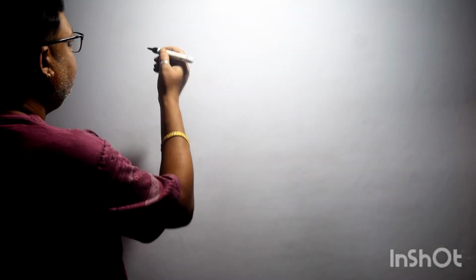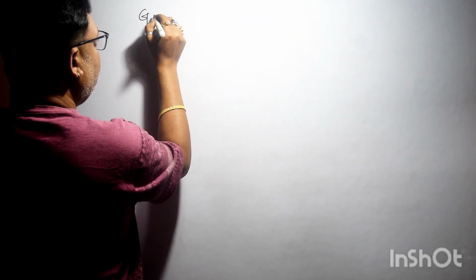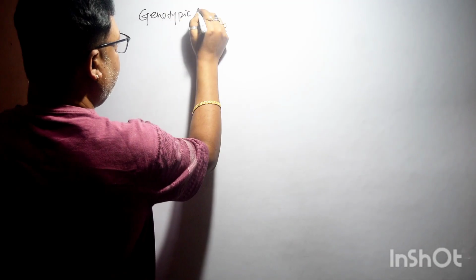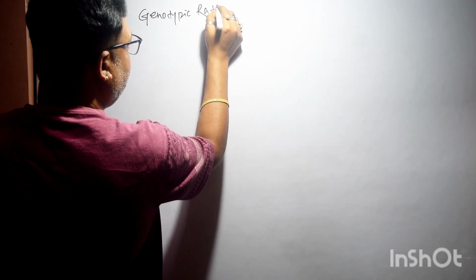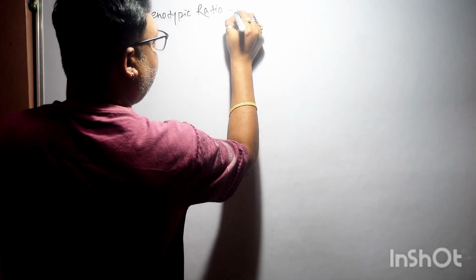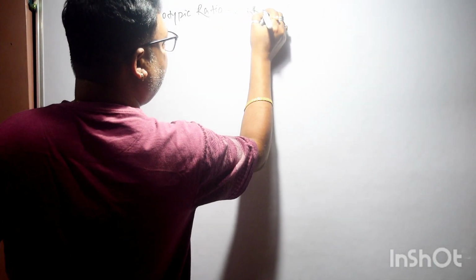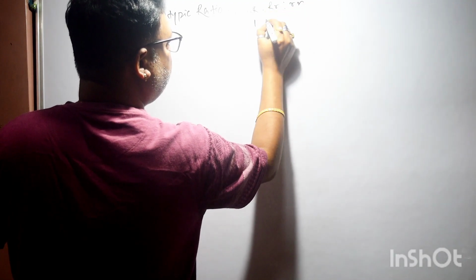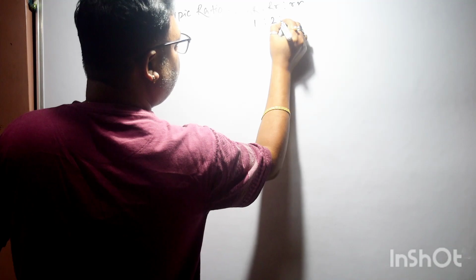Now if we see the genotypic ratio from the last cross, it will be capital R capital R, capital R smaller r, smaller r smaller r, which was 1 is to 2 is to 1.